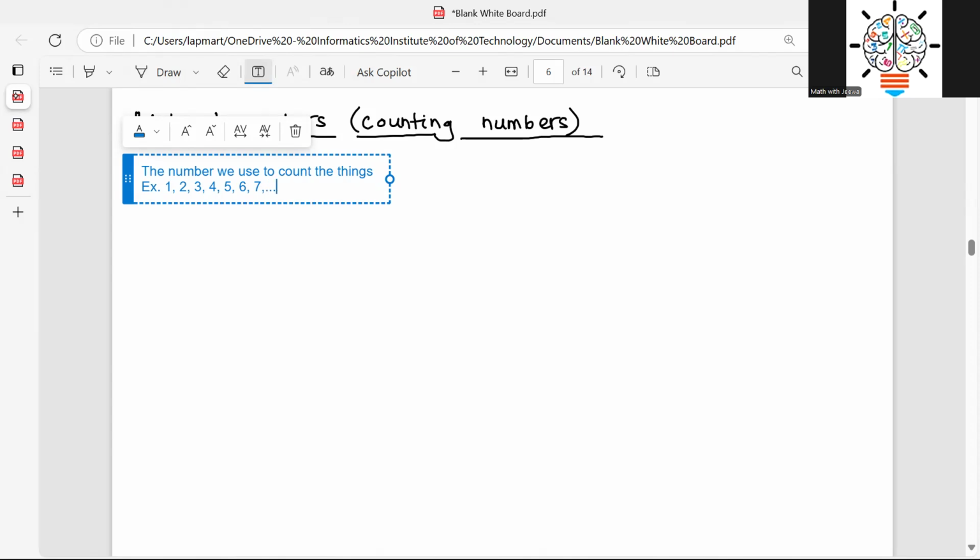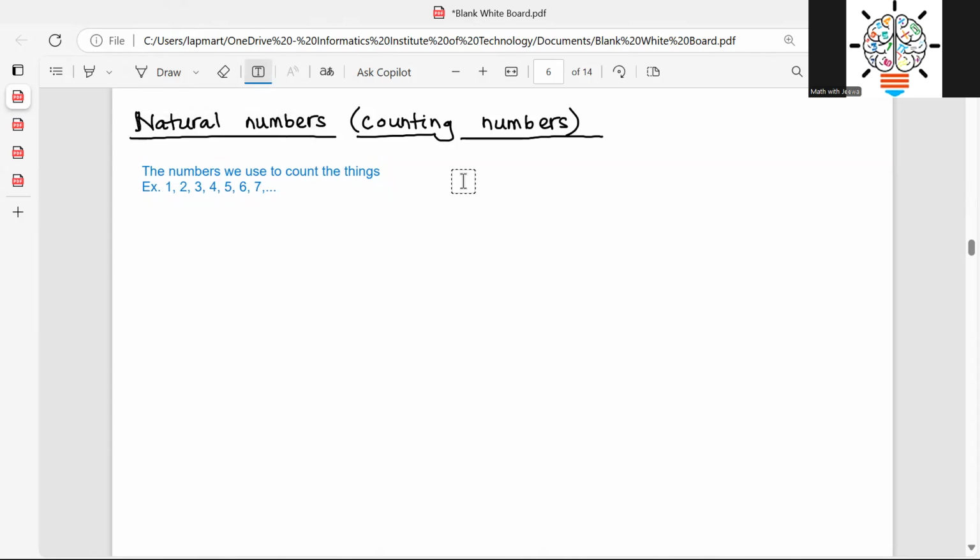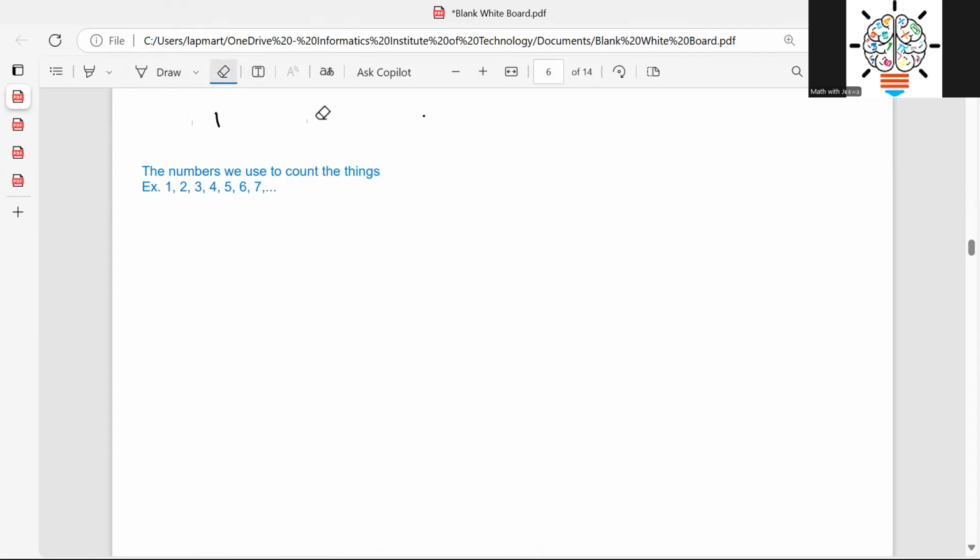What does this mean? The list is going on. That is what counting numbers or the natural numbers are, children. The numbers we use to count things, the natural numbers or the counting numbers, right? Here the topic also I'll type it so then it is neat.